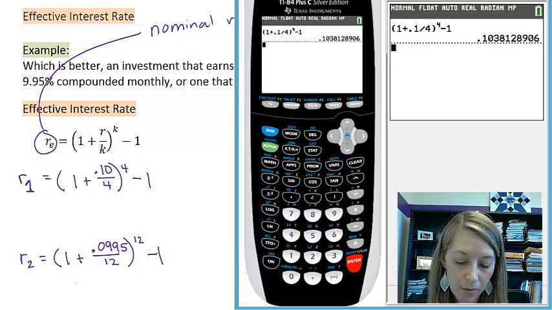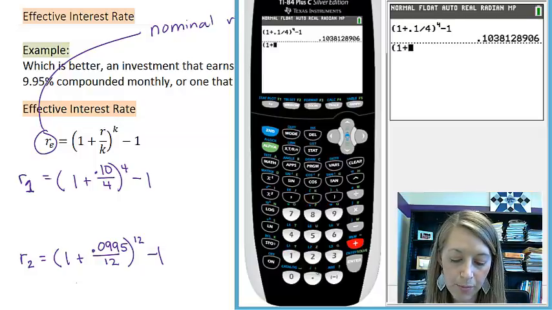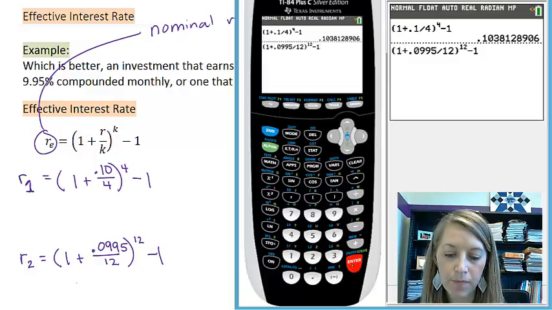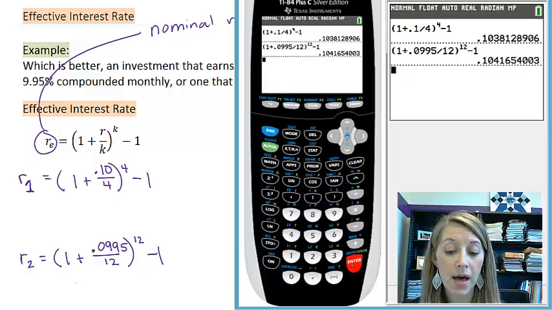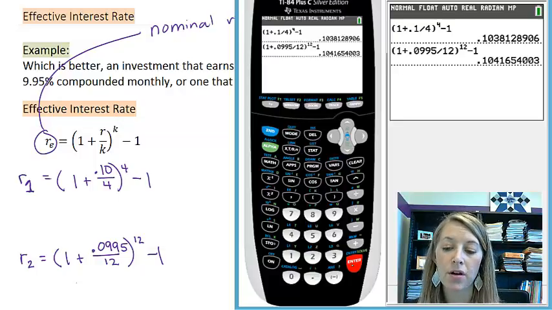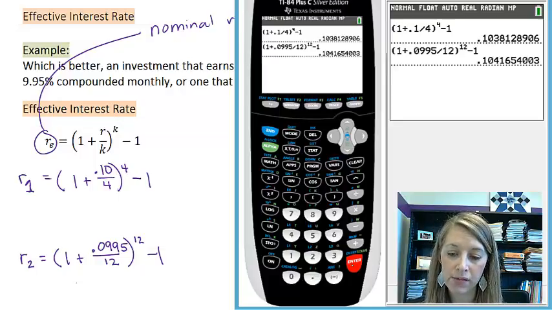My second nominal rate is 1 plus 0.099 divided by 12, to the 12th power, minus 1. That gives us a nominal rate of 0.1042. So our second one is actually a better deal than our first one. So let me write down these values here.